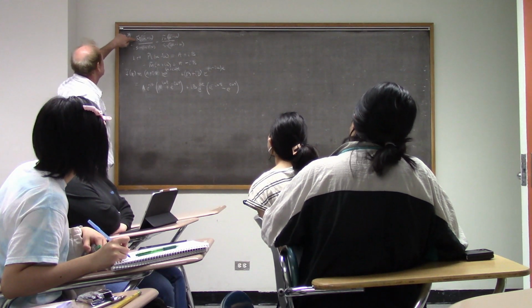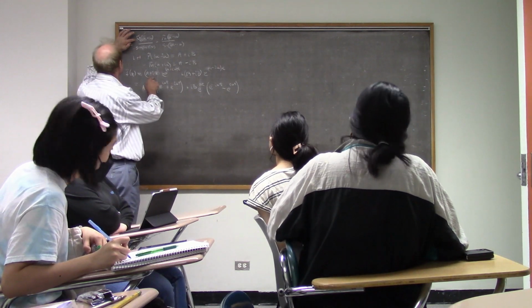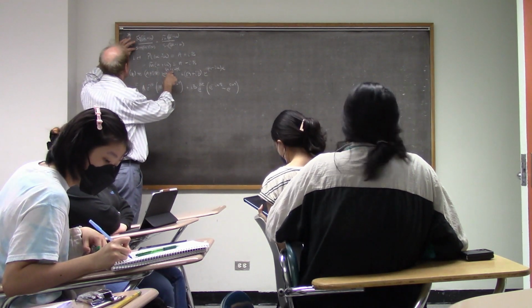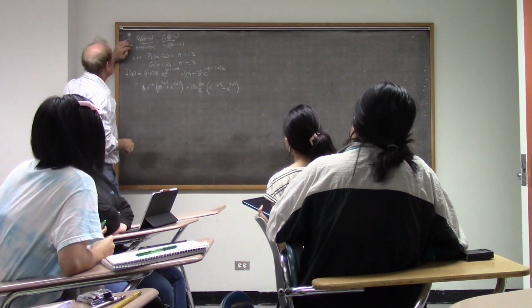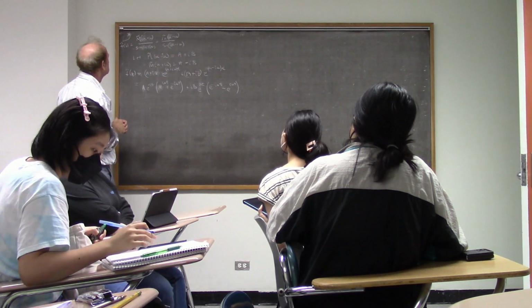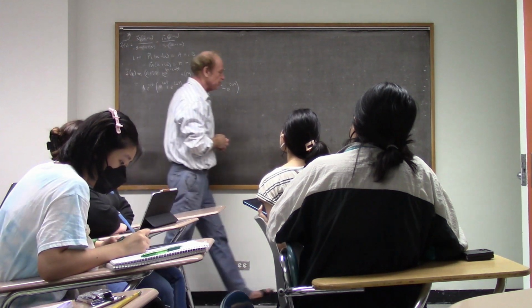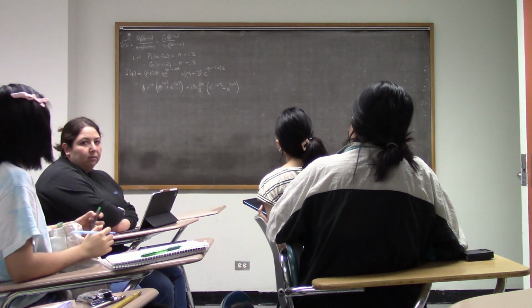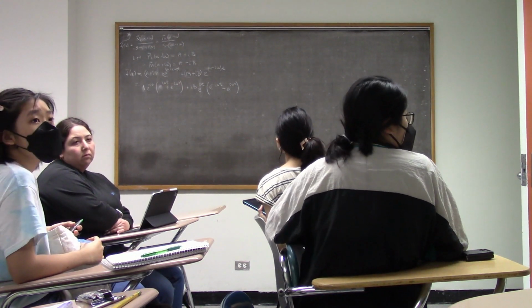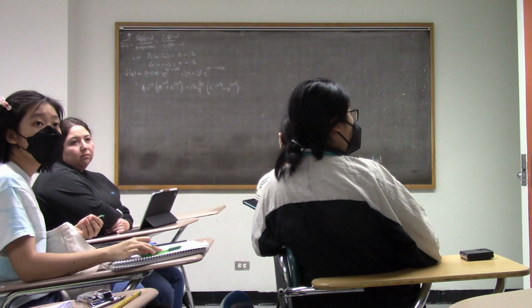Okay, so this one is a minus ib times e to the alpha plus, and let's just see if I got that right. I think I screwed one of them up. So let's go back here.